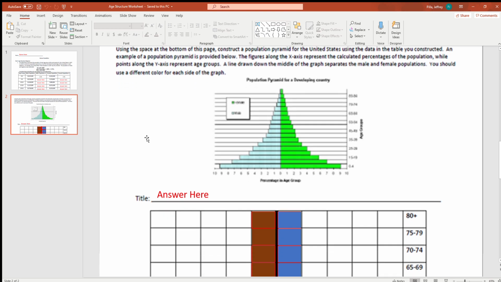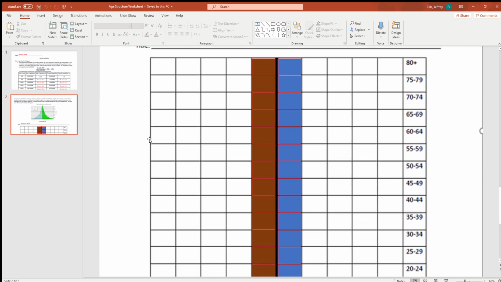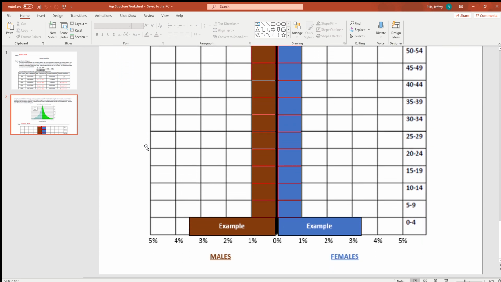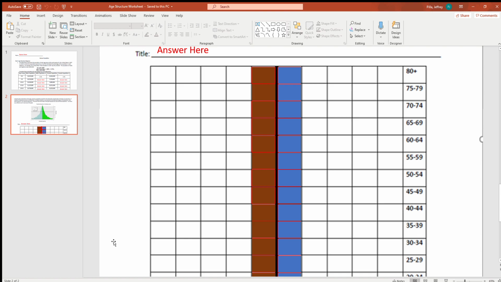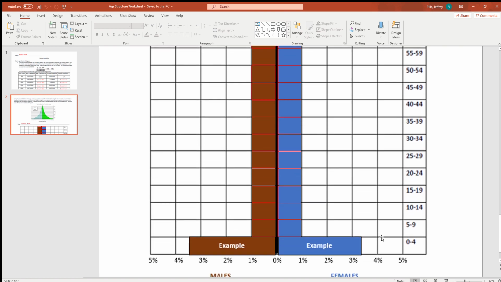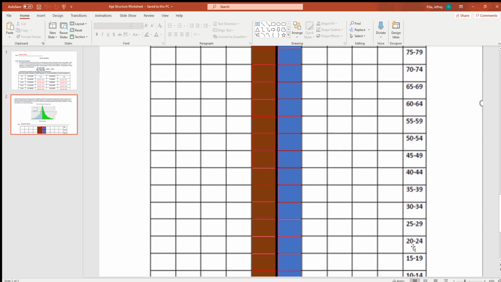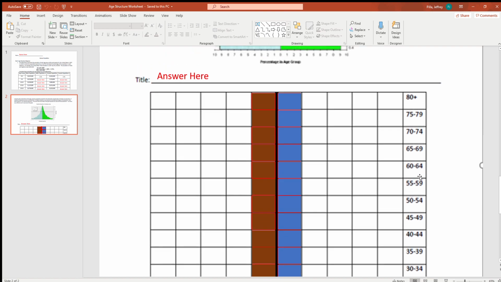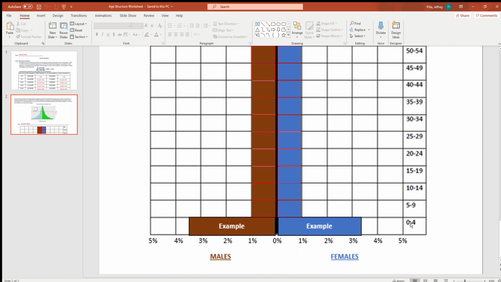So, what you're going to do down here is construct a population pyramid or an age structure diagram. Remember, I said in the notes, it can be called either, okay? So let's take a look at our population pyramid, our age structure diagram. Here to the very right, we see our age groups, the very same age groups that we saw on the first page.